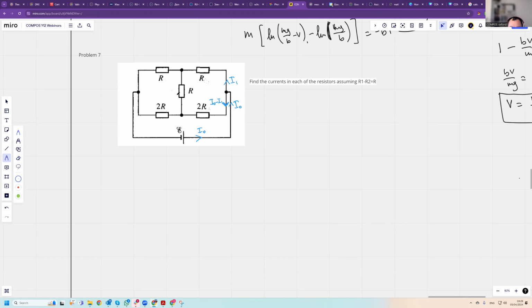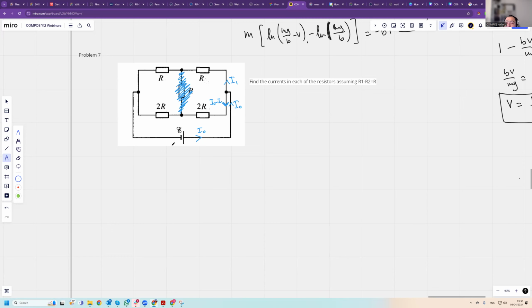Then I don't know which way the current will flow in this resistor. Actually, I do. So here we need to imagine, because look, if this resistor wasn't here, life would be full of sunshine and butterflies, right?